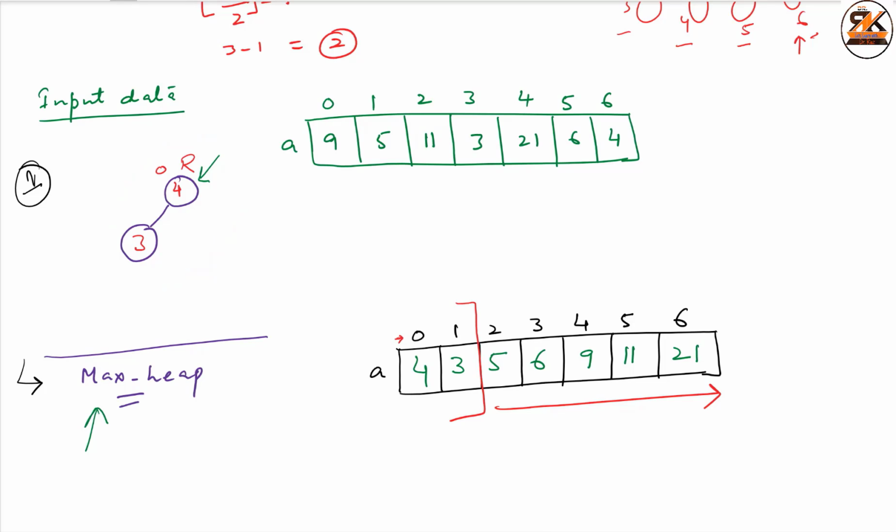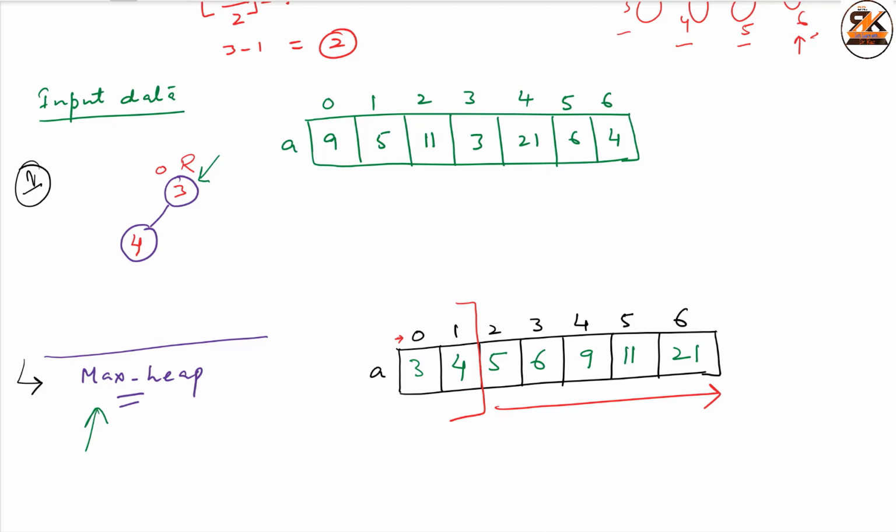After doing that, 3 will occupy this position and 4 will go to this position. Similarly in this array we exchange these elements, and after exchanging, 3 will come to this place and 4 will go to this place.